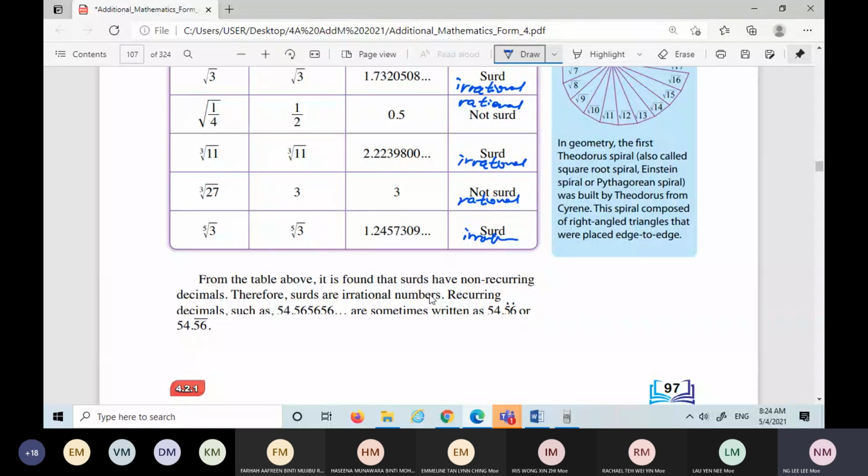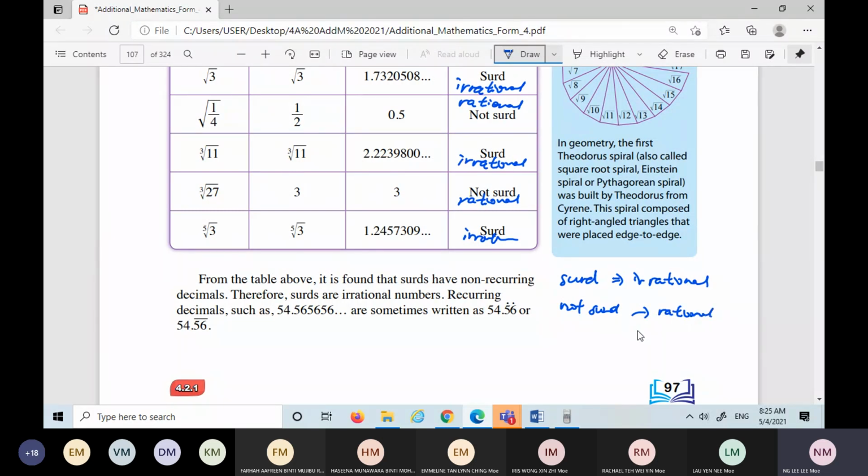So actually, if you want to make a conclusion, you can say like this. If this is a surd, meaning it cannot be simplified, you have to remember a surd itself is an irrational number. And if that number is not a surd, then actually it is a rational number.